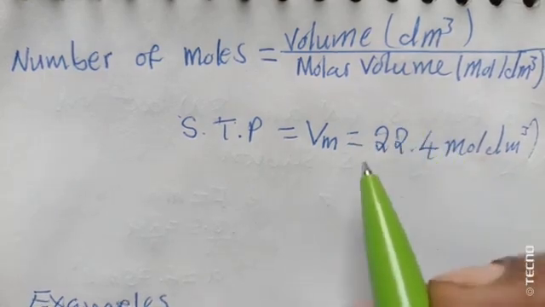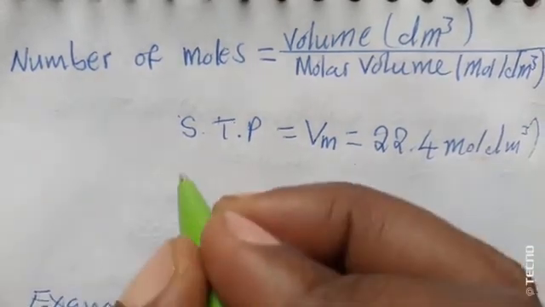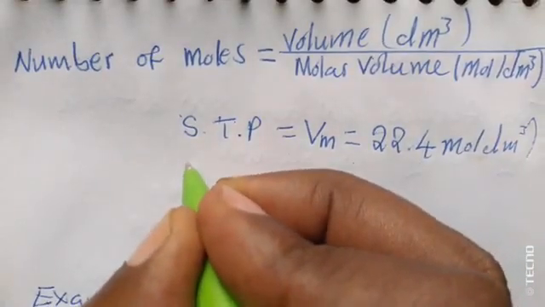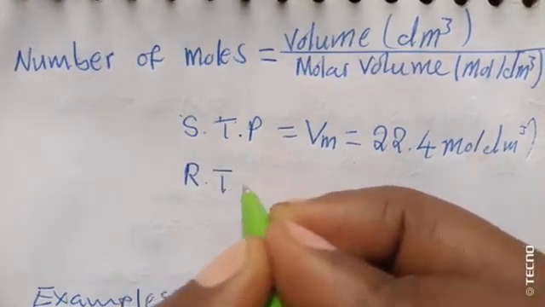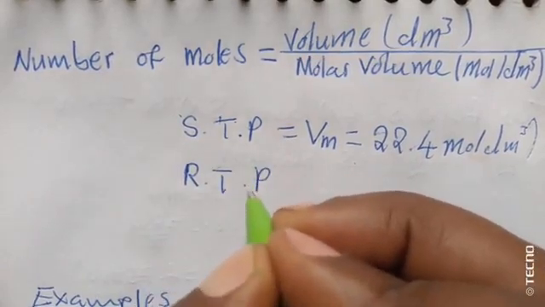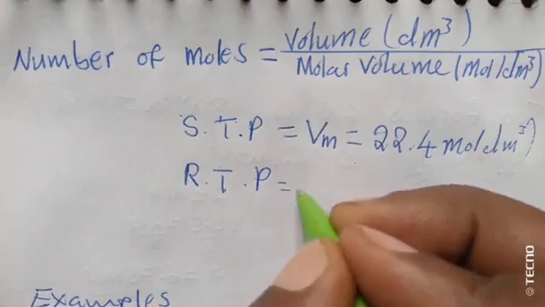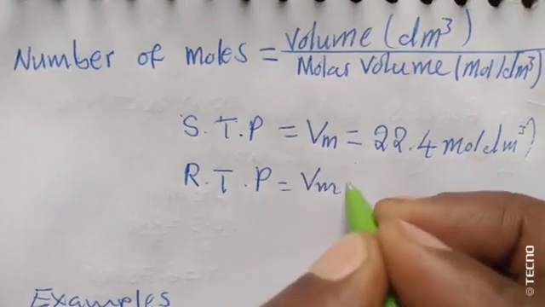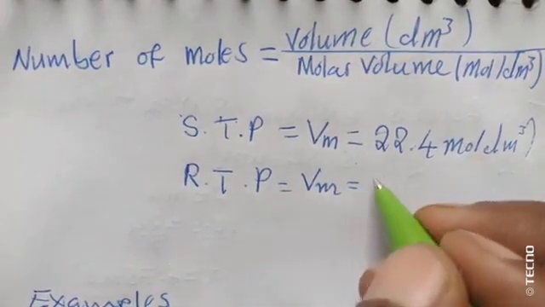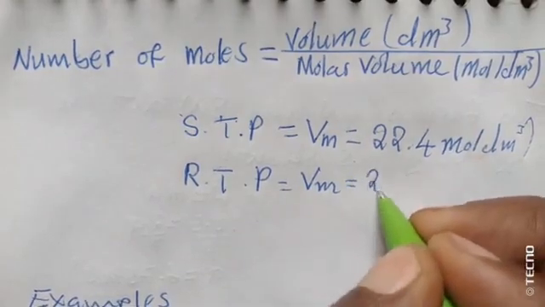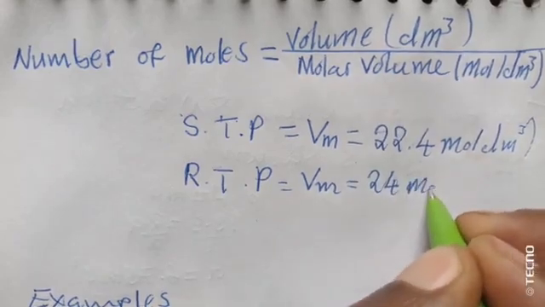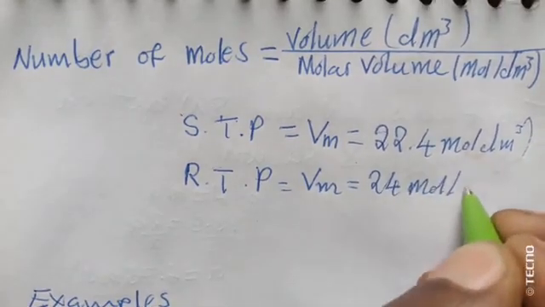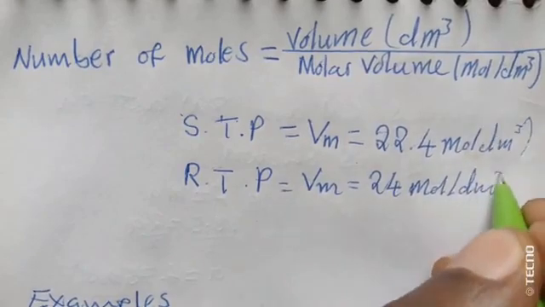Then apart from this one, we also have what we call RTP, which is room temperature and pressure. So this one, the molar volume, will always be 24 mole per decimeter cube.